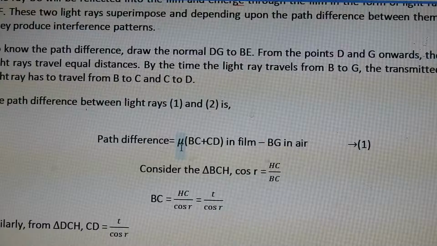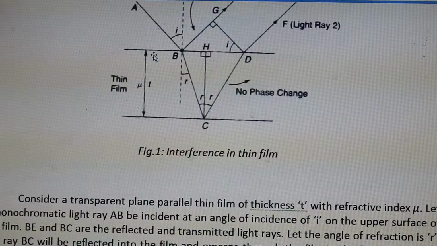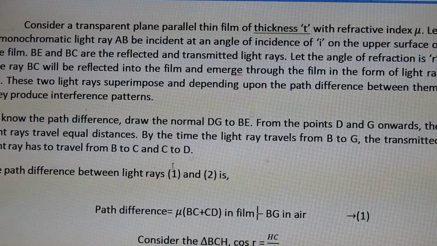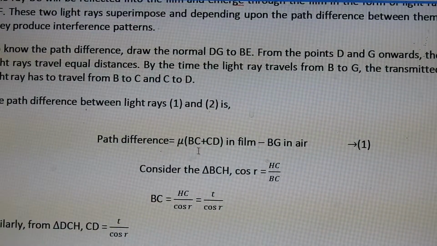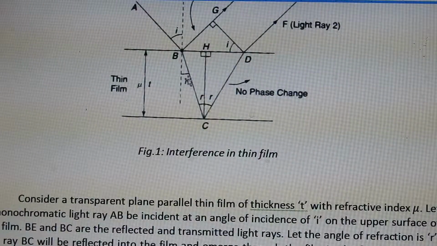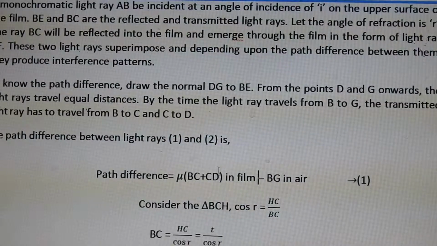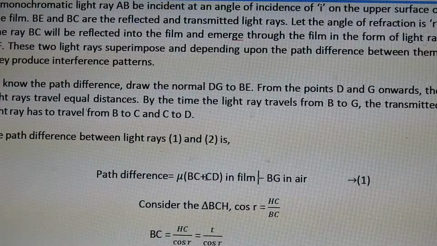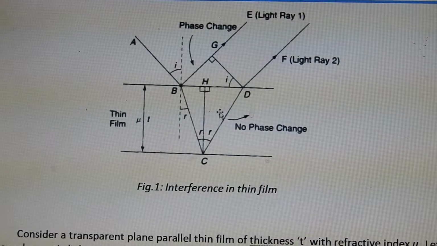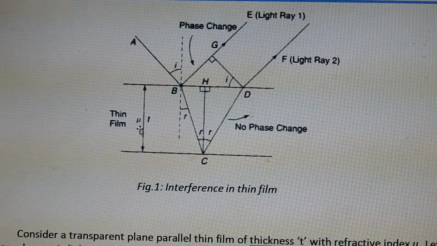So that path difference is equal to mu into BC, because the film's refractive index is mu, where BC is the distance from B to C that the light ray travels, plus CD, the distance from C to D, which is also extra distance traveled in the thin film of refractive index mu.